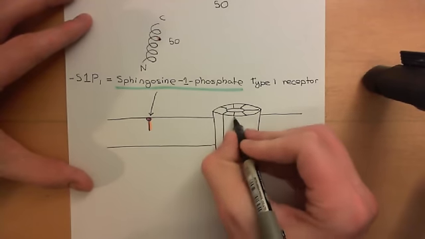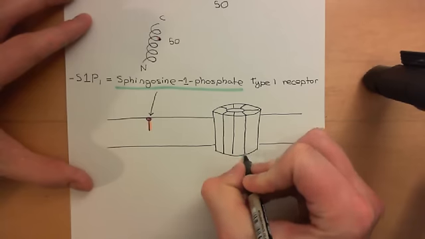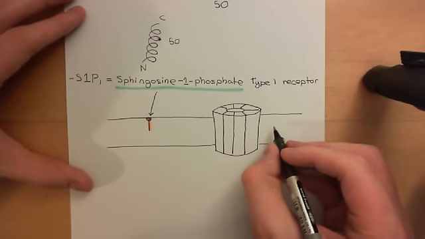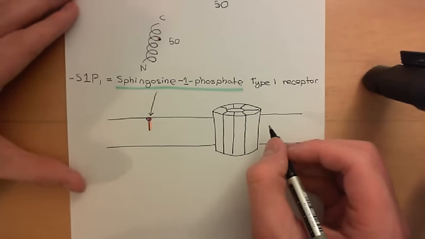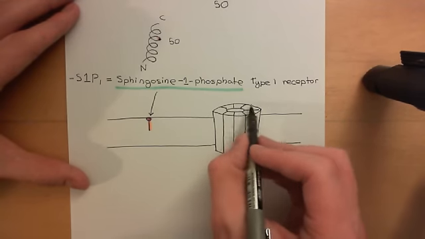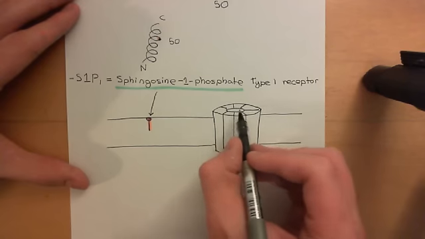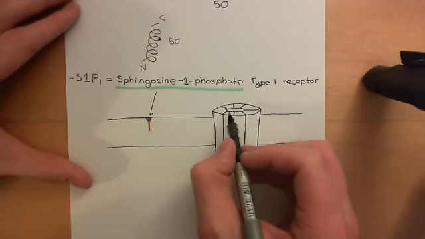Okay, right. Now the key thing that I want to show here is that this sphingosine 1-phosphate receptor 1 is different from the other rhodopsin family receptors that we've looked at before in that it has a lid. It has something that covers this extracellular entrance to the ligand binding domain. Okay, now why is it okay for it to have a lid?